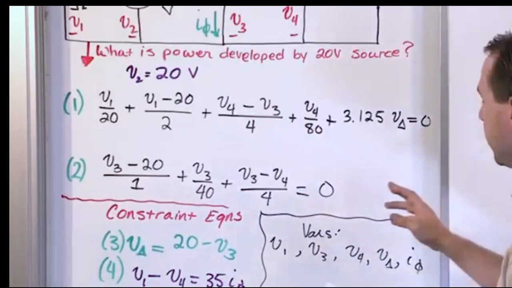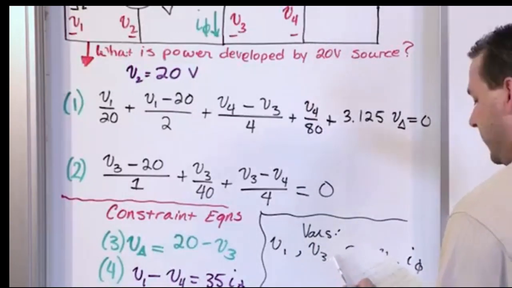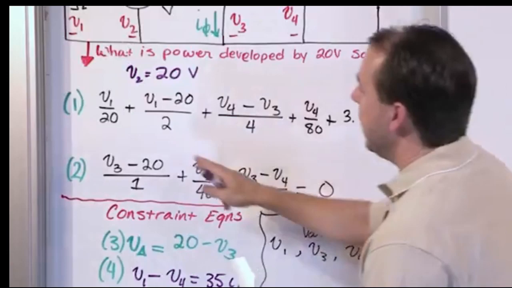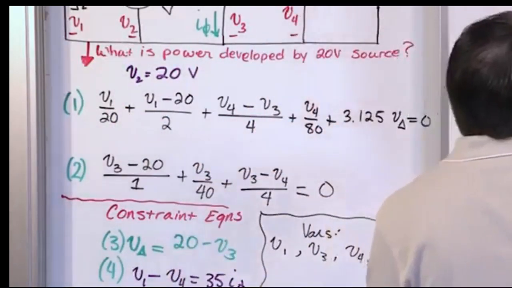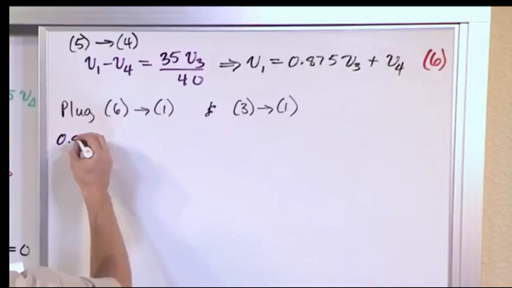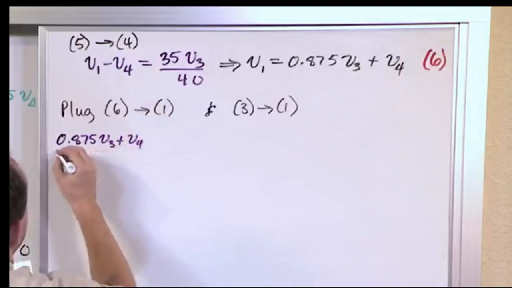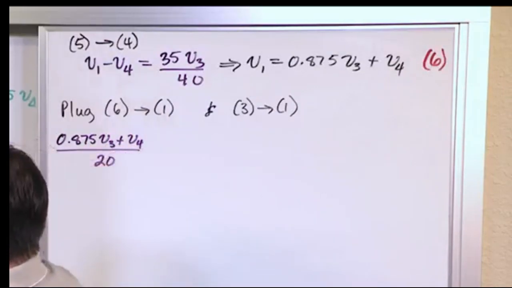So once I take equation 6, which is this one here that I found, and stick it in there, I'm going to get the following. I have V1 over 20. V1 I just found to be this mess over here, so it's going to be 0.875 V3 plus V4, all over 20, because it was V1 over 20.